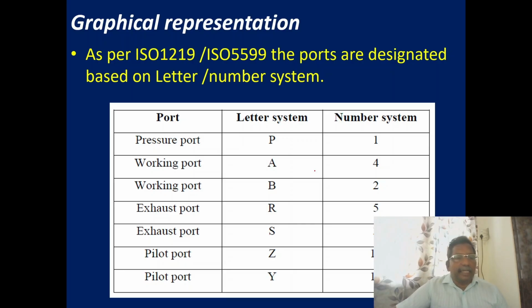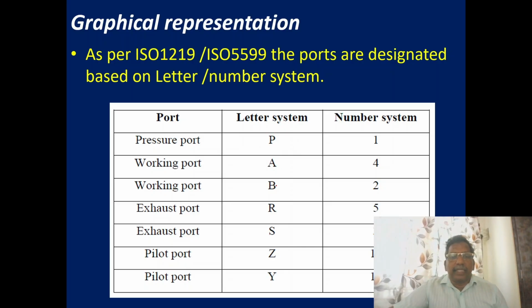Now, how do we represent the ports? We have hydraulic systems and pneumatic systems. According to ISO 1219, in a hydraulic system, ports are represented in alphabets. We have the pressure port, which is connected to the pump, and working ports A and B. Then the exhaust ports, reservoir R as well as S. Then pilot lines, left side Z and right side Y. That is according to ISO 1219.